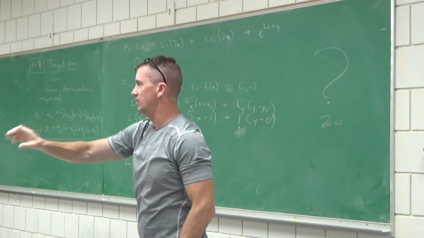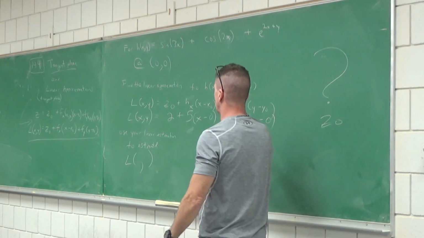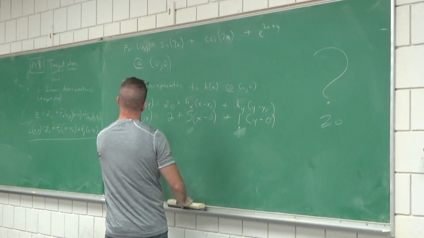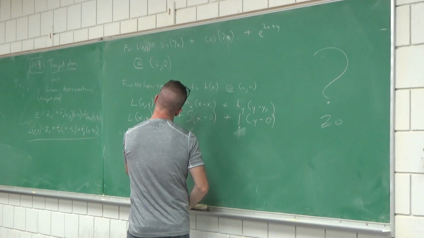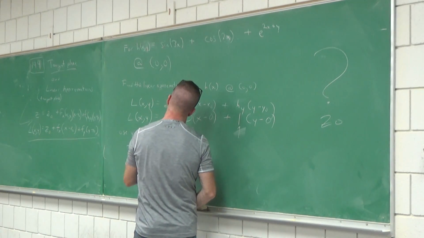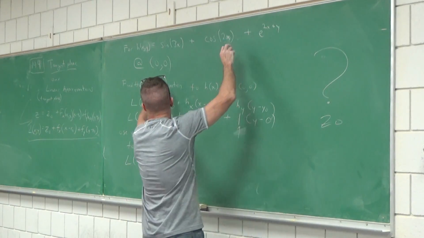These will be numbers really, really close to 0, 0. But use your linear estimation, or approximation. That's a more appropriate word. Use your linear approximation to estimate L of, okay, 0, 0.